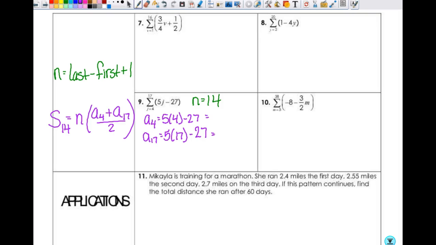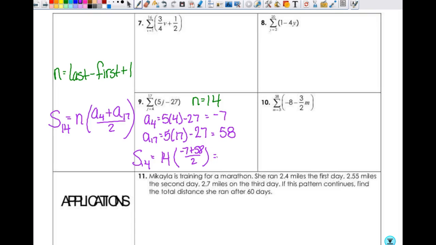So what did you get for the 4th term? Negative 7. And what did you get for this term? 58. Okay, and then you substitute it in. So S of 14 is equal to 14 times negative 7 plus 58, over 2.